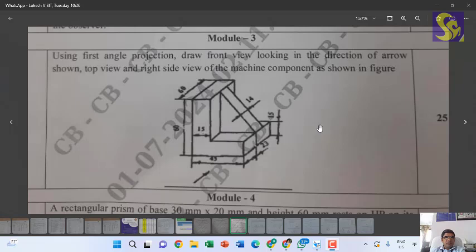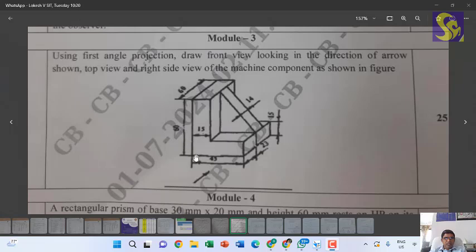So we'll draw for this particular problem. Using first angle projection, draw the front view looking in the direction of the arrow shown, the top view and the right side view of the given machine component as shown in the figure. So 3 views they are asking.